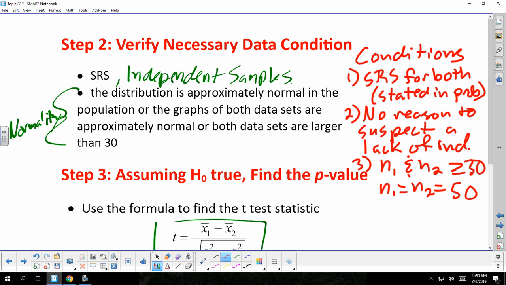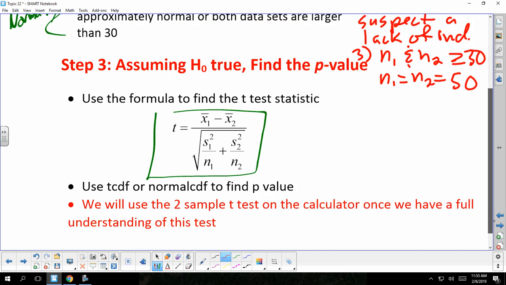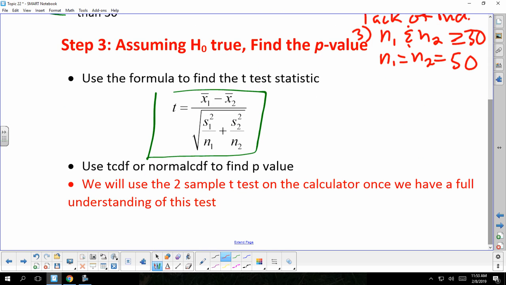On step 3, we want to go ahead and calculate our test statistic and our p-value. We calculate our p-value using either the t-table, t-CDF, or the normal CDF if we're given the population standard deviation. This is where we have one additional step.